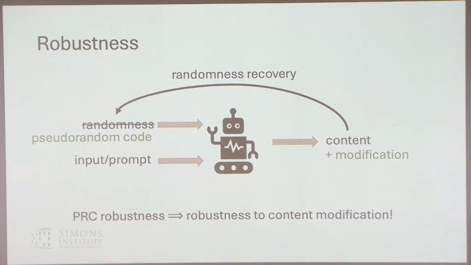It turns out that the randomness recovery algorithm does have this nice property both for LLMs and also for image models, which I'll show more in depth later. So by designing more robust pseudorandom codes, you immediately get more robust watermarks. And since our pseudorandom code is robust to a constant rate of substitutions, our watermark also is.